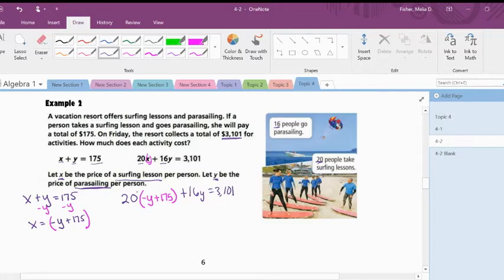Go ahead and use the distributive property. So that's negative 20Y, and then plus 20 times 175 is 3,500. Plus 16Y.